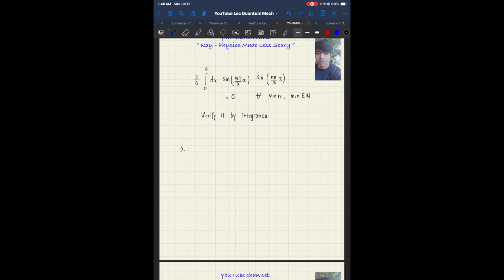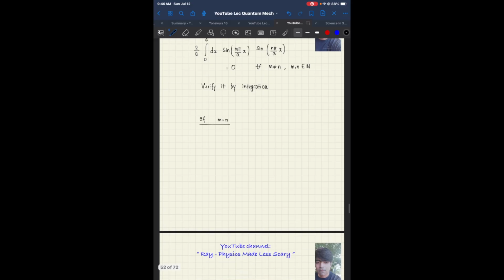Actually, before that, let me ask you this. Let's figure this out. What if m is equal to n? Well, you see that then this integration is actually not 0.